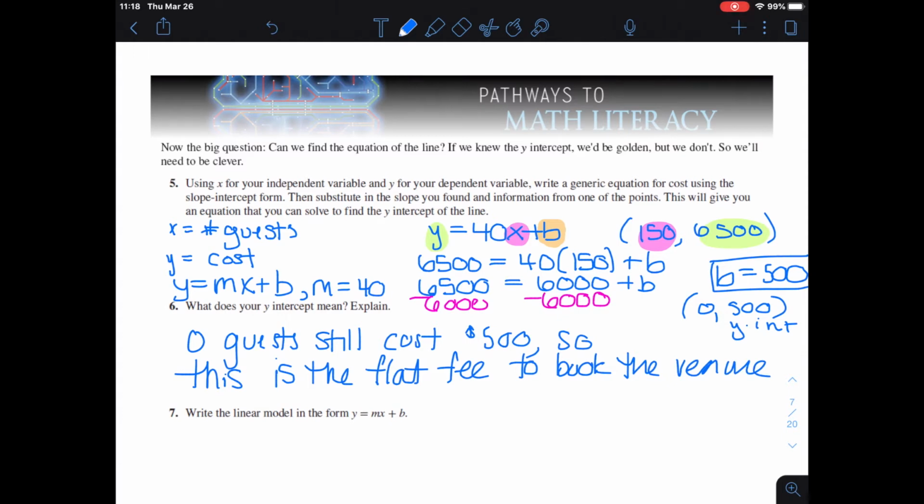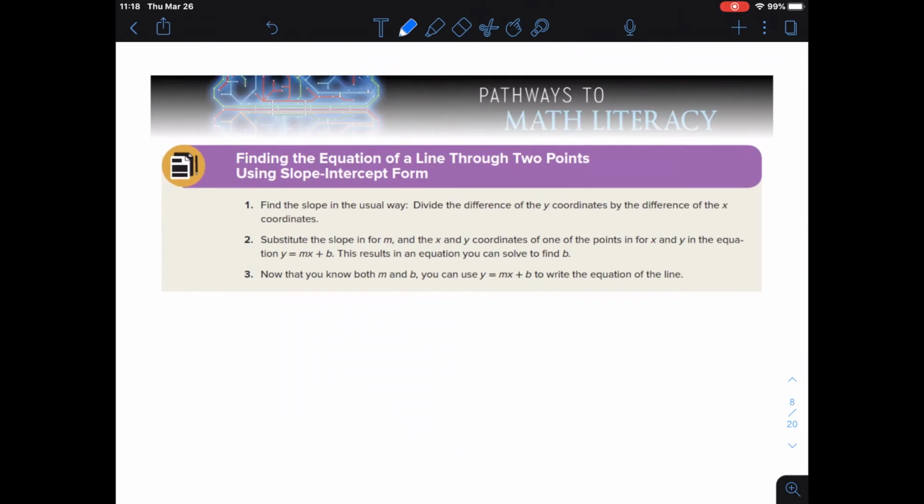Okay. So now we actually have the equation of our line. We know the value of b. y is going to equal m, which is the slope, times the variable x, plus the value of the y-intercept. So we have the equation of our line. So this is one way we can go through finding the equation of the line, knowing 2 points.